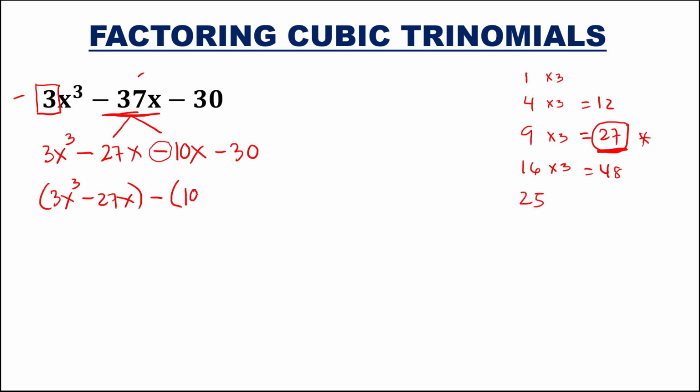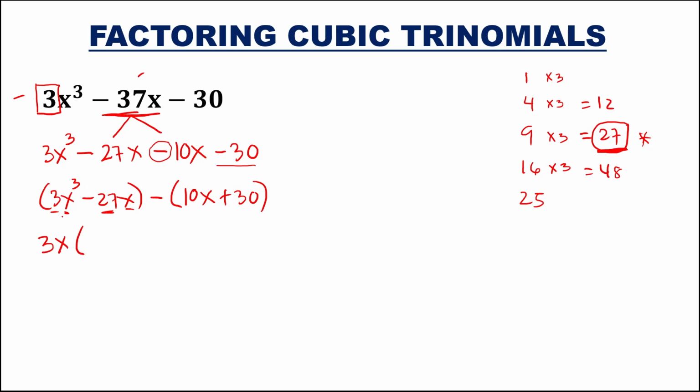So therefore, this becomes positive 10x, and this negative 30 becomes positive 30. Then we can now use the common monomial factor. So for these numbers, divisible by 3 and also divisible by x.